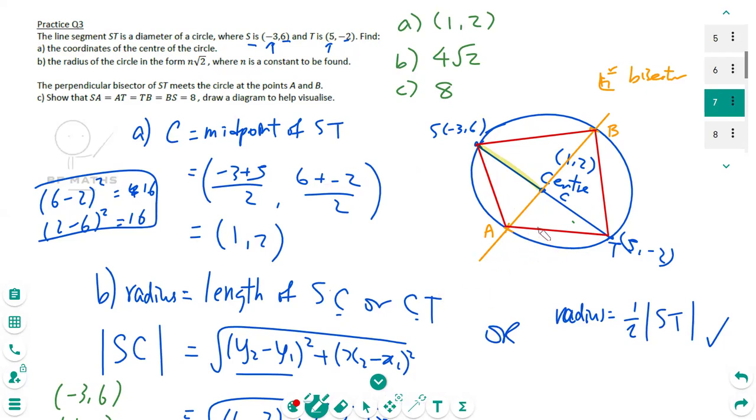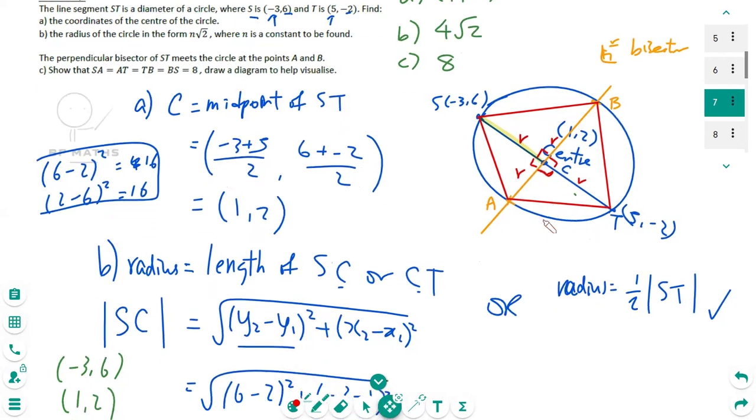So we can set up A, M and T. We know these are right angles because they are perpendicular bisectors. These are all radii, so AC and the others are all radius, and this is a right angle. So what we want to find out is AT.